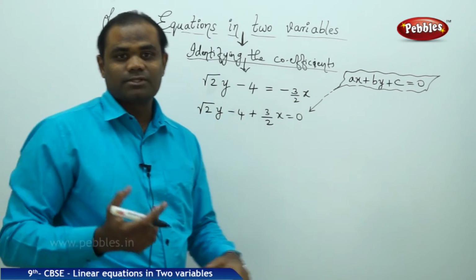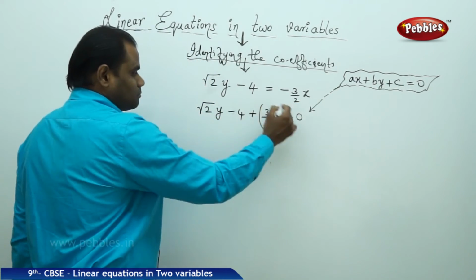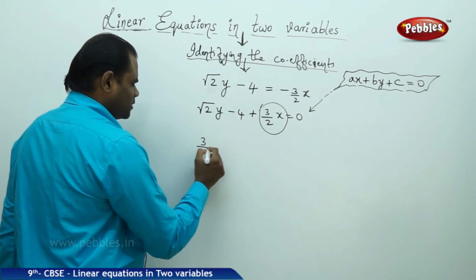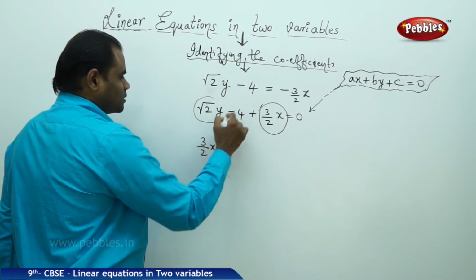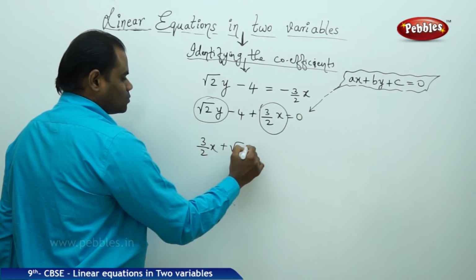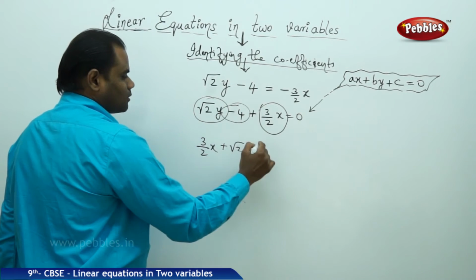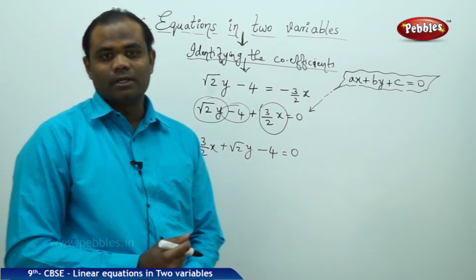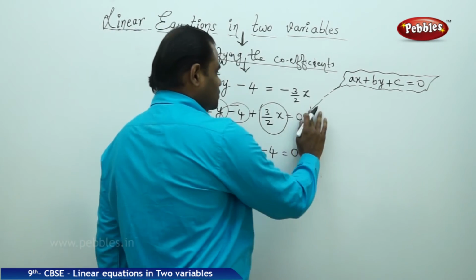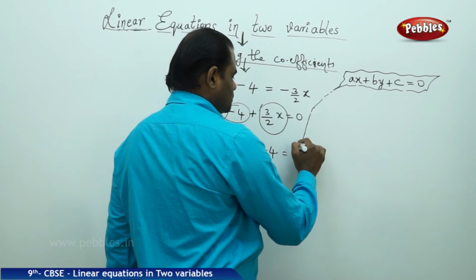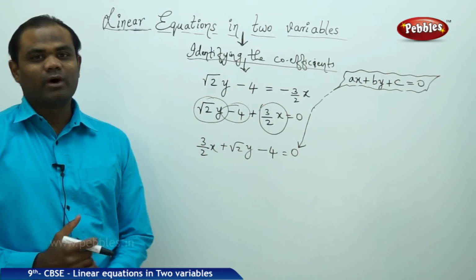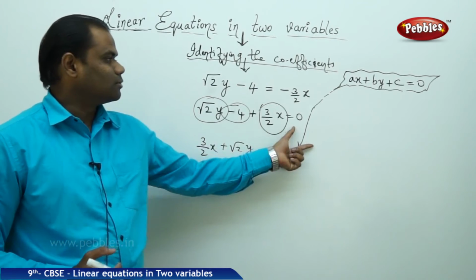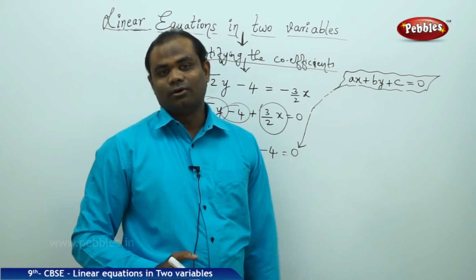So let's go with the same rule. An x term 3/2x, then the y term root 2y, and then the constant equal to 0 is how we express it in the general form ax plus by plus c equal to 0.